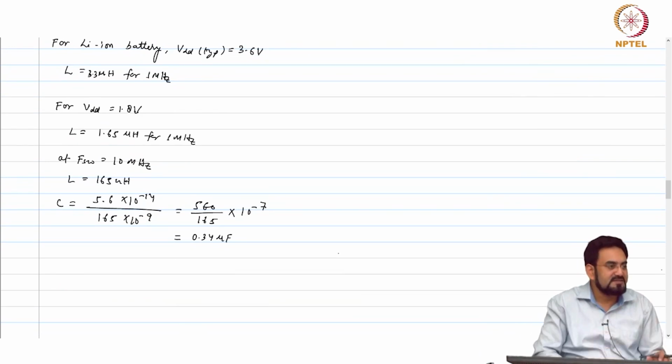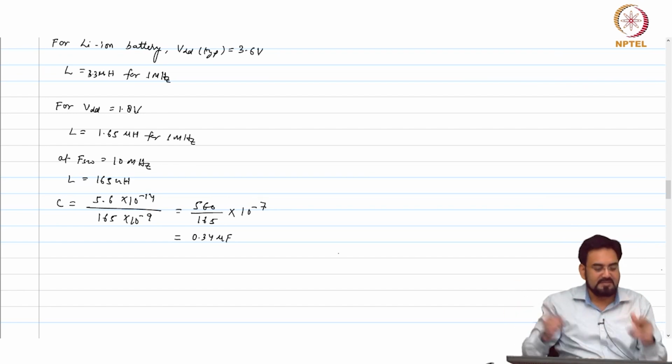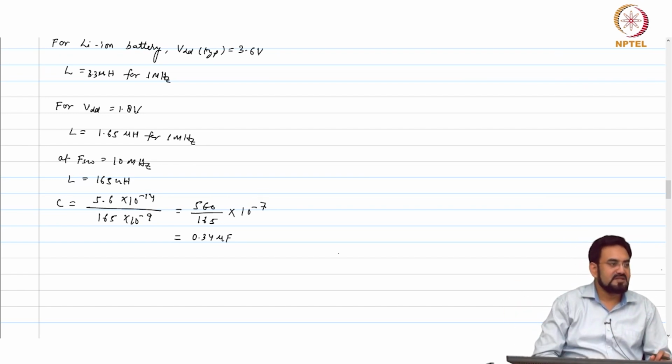Your inductor doesn't supply any current during the transient and all of the current is supplied by your capacitor for the duration of how much? During the rise time of the inductor.